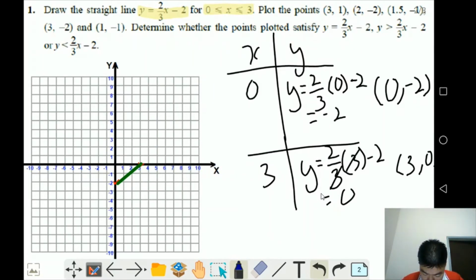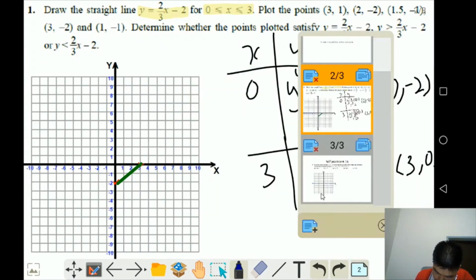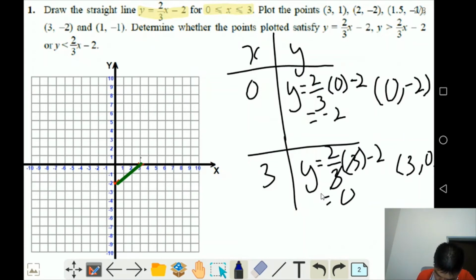It is here. (2, -3) is here. (1.5, -1) is here.